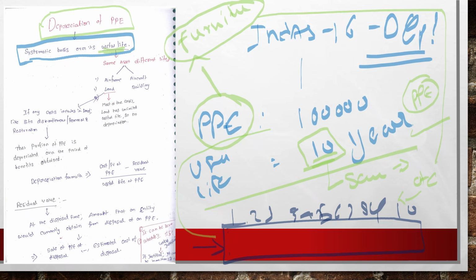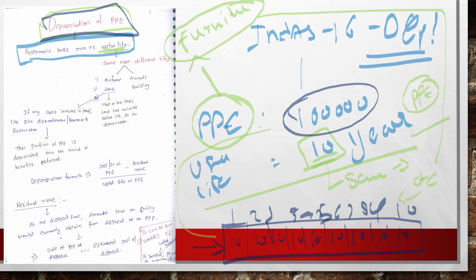So during these 10 years, you have to systematically allocate this 1 lakh, 10K each year. This systematic allocation is called depreciation under PPE in Ind AS 16. I hope you understand this.